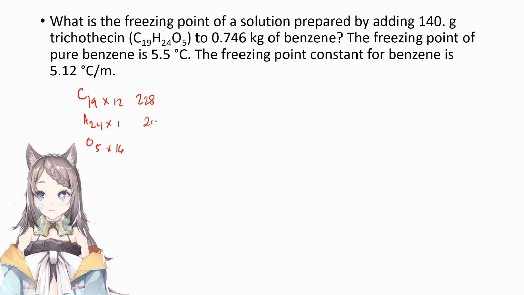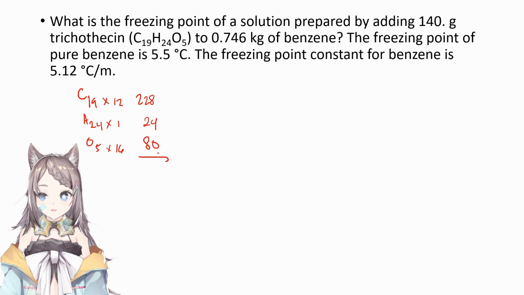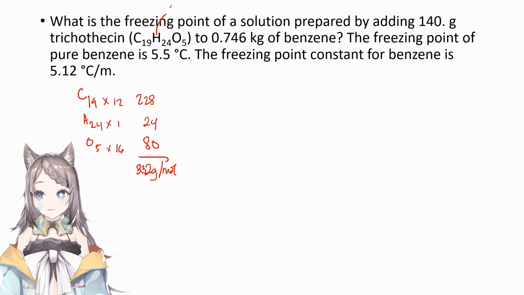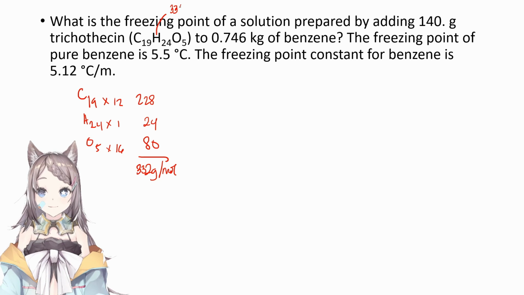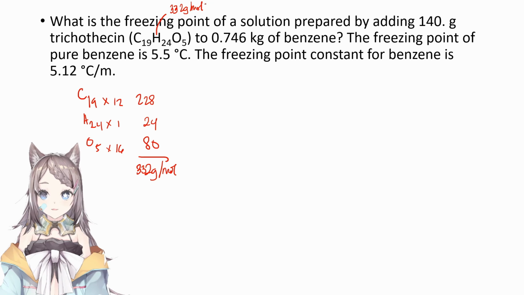Our hydrogen is 24 and our oxygen is 5 times 16, we have 80. Our molecular weight should be the sum of these values, 332 gram per mole. So let's write it here, so that we have the value for our trichothecene.